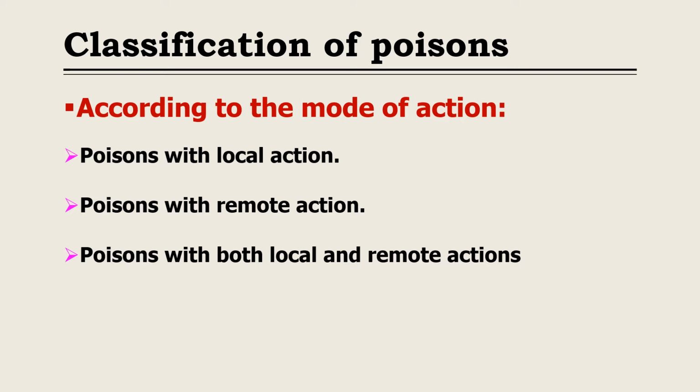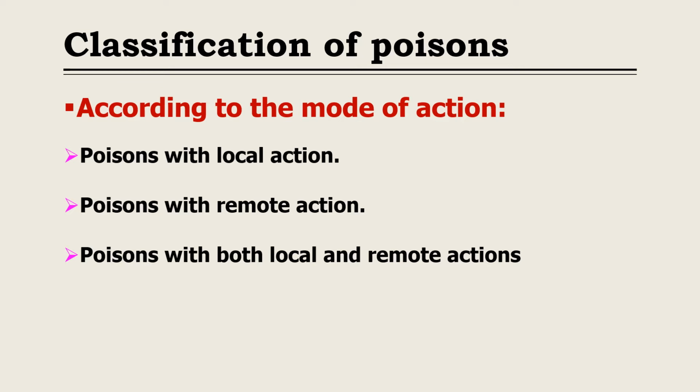When someone comes with ingestion of caustic acid or caustic alkali, the effect will be a local effect in the GIT only, without absorption and without systemic manifestation. And so the patient will remain conscious till the end, because there is no absorption from the GIT.